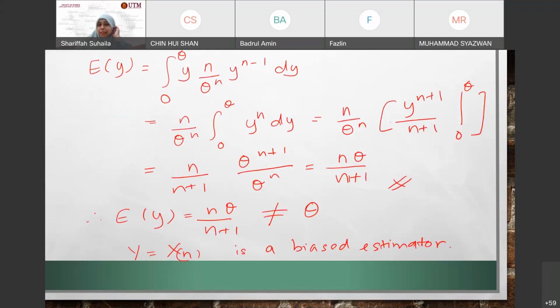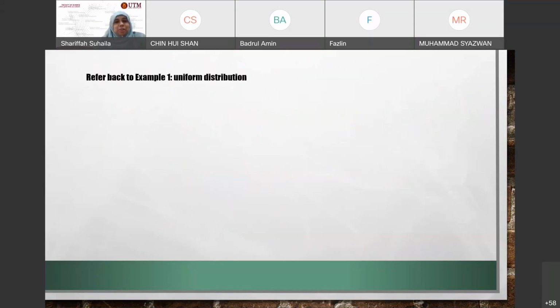Okay, the same example here. Okay, seperti yang saya dah terangkan, katakan kita nak jadikan dia adalah unbiased estimator. So kalau kita nak verify this one is unbiased estimator, maksudnya kita akan tulis here expected value of y is equal to n theta over n plus 1.